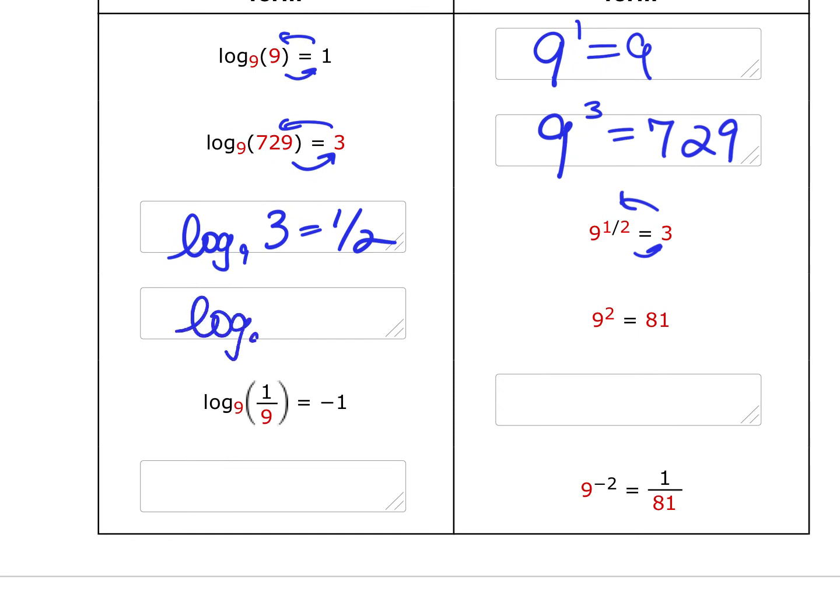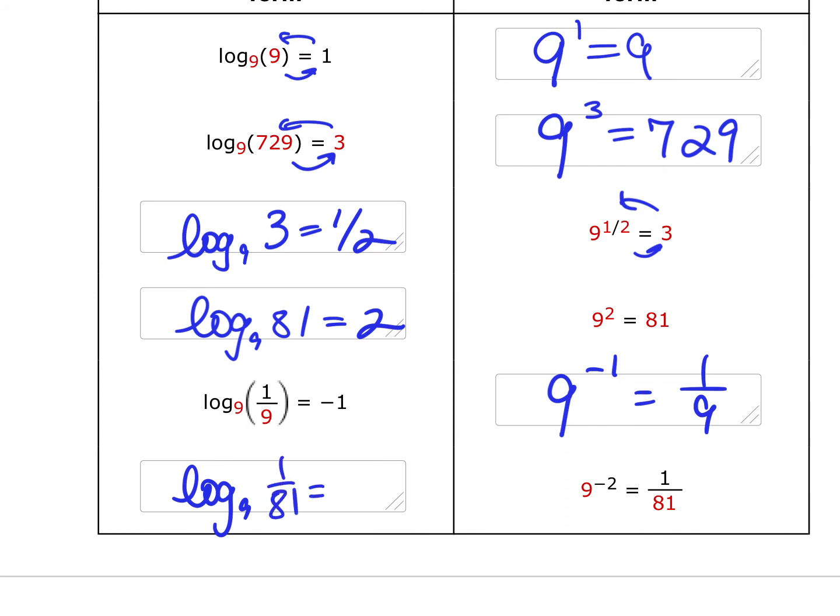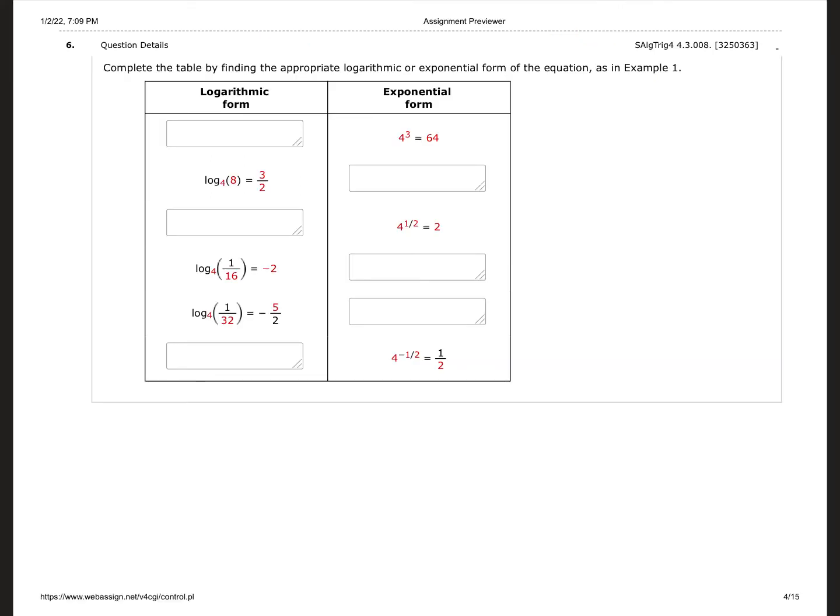Log base 9 of 81 equals 2. Perfect. What about the next one? 9 to the negative 1 power equals 1/9. Good. Very good. And then what's the next one? Log base 9 of 1 over 81 equals negative 2. Good.